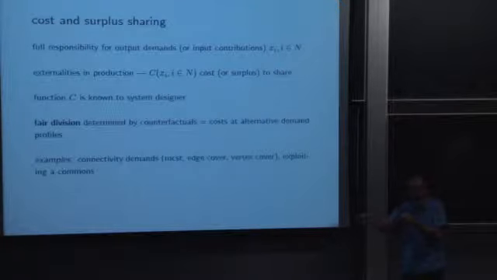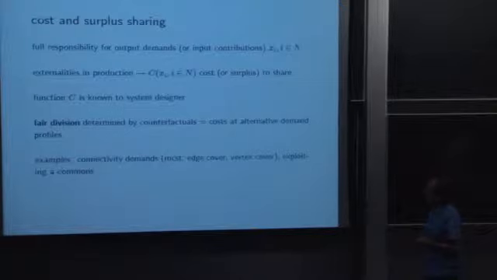How does the responsibility of each agent for his own demand translate into a share of the total cost? So the way we do that typically is by looking at counterfactuals, namely by looking at the entirety of the cost function to determine how to share the cost at a particular level of demand x1, ..., xn.